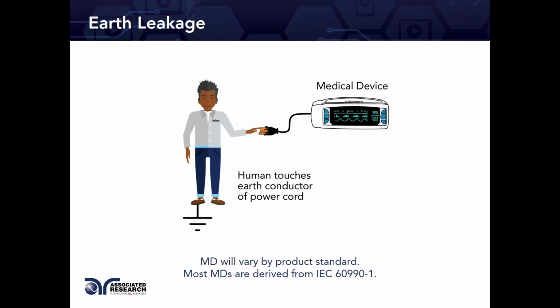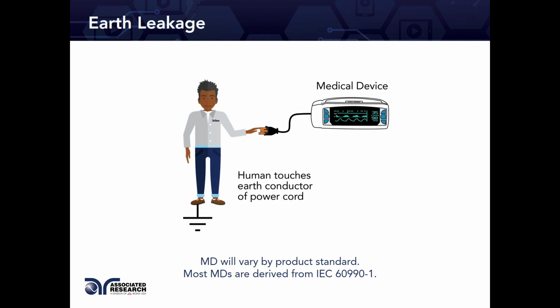So going back to the earth leakage current, remember this is the overall current that flows through the protective earth conductor. In other words, if you focus on this picture, we have our little medical device on the right side, and the human comes in contact with the protective earth conductor, which is the ground pin on a device's line cord, for example, or it could be the ground stud on the back of the device.